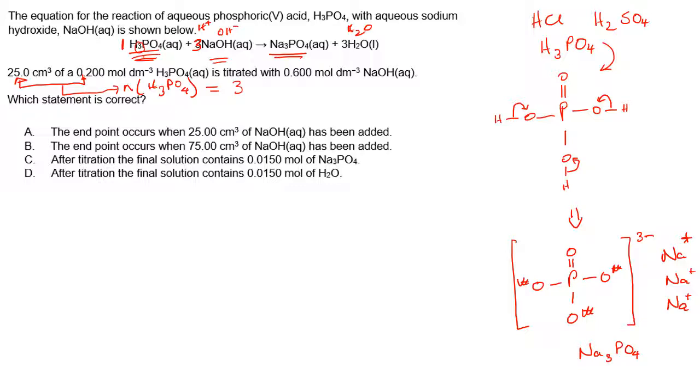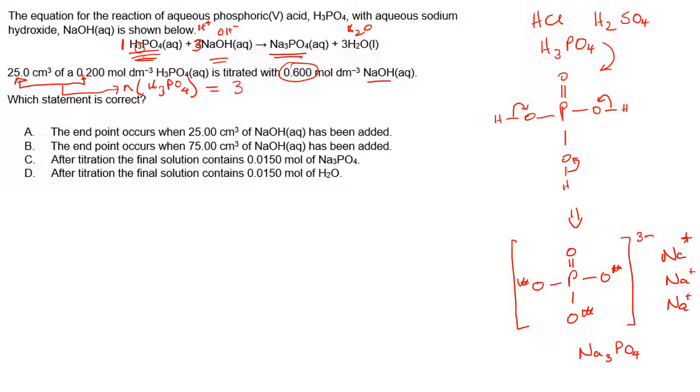You could do that little multiplication, convert to decimeters cubed if you want, and then use the concentration here to calculate the volume of sodium hydroxide that provides 3 times the moles compared to phosphoric acid.